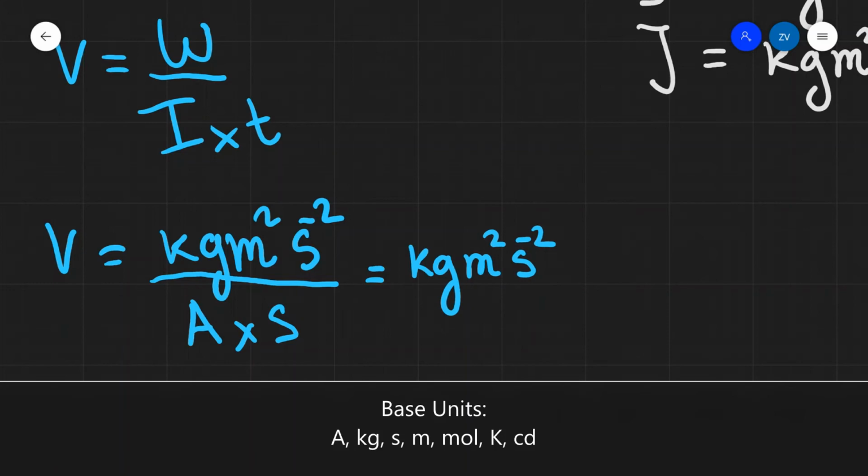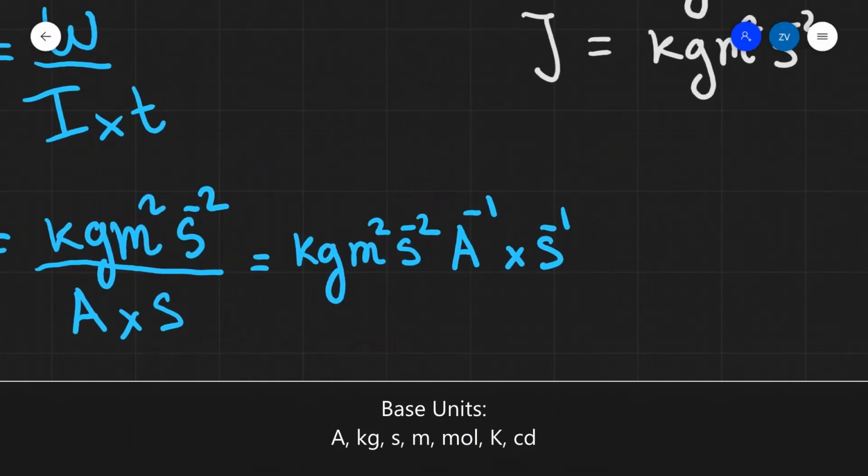And now, rather than dividing by amps, I'm going to multiply by amps raised to the power of -1. This is just from algebra. And then I'm going to multiply by s to the power of -1. Well, hang on a minute, I have s to the power of -2 here, and I have s to the power of -1 here. When you multiply them together, you are going to get s to the power of -3.